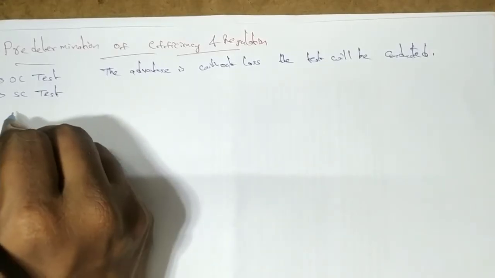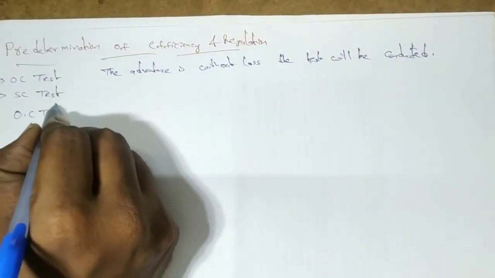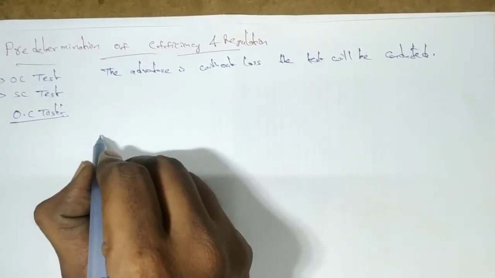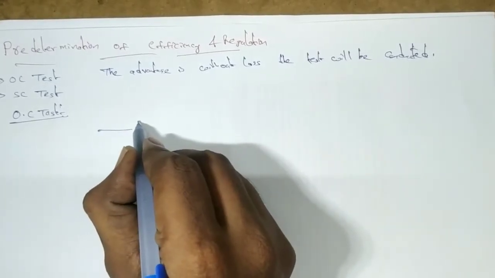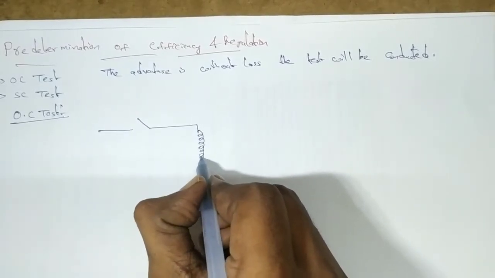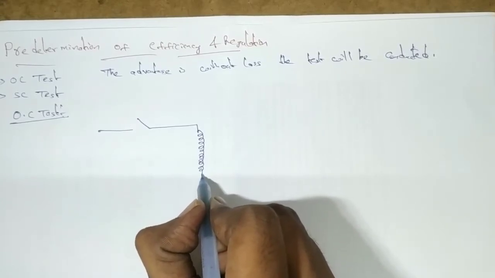The first one is the open circuit test, which will be similar to our lab demo in the same pattern. For this, consider a circuit diagram in which the primary winding is connected to a 230 volt single phase supply through a DPST switch.